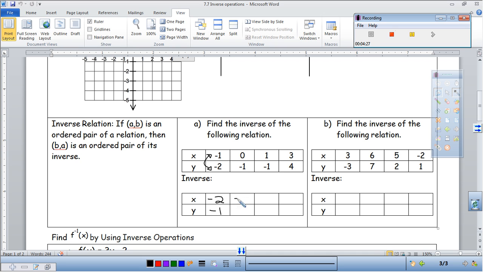When x is negative 1, y is going to be 0. When x is negative 1, y is also 1. When x is 4, y is going to be 3. Any questions over that? We're good? Okay, inverse. Do that same thing, please.